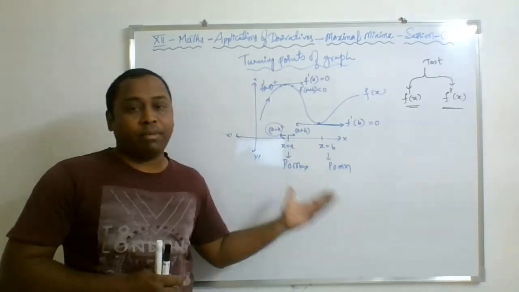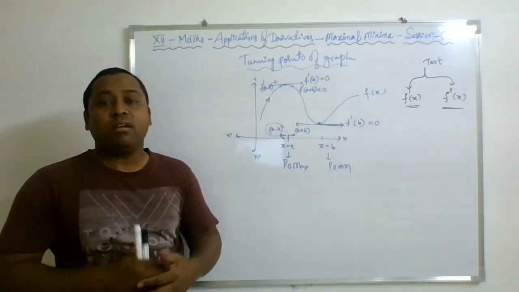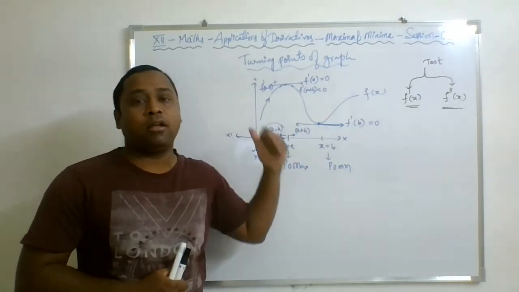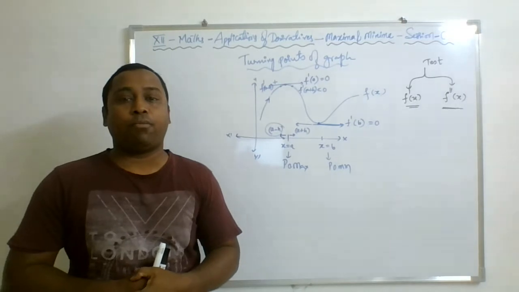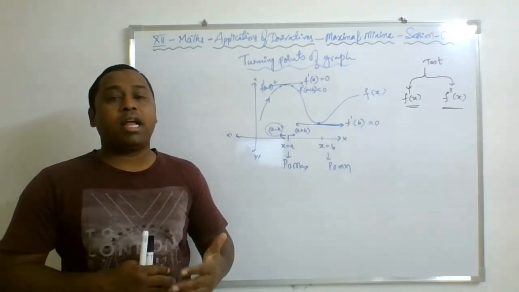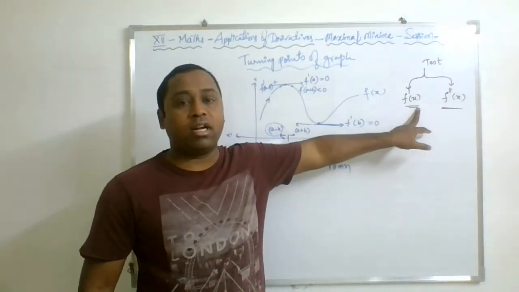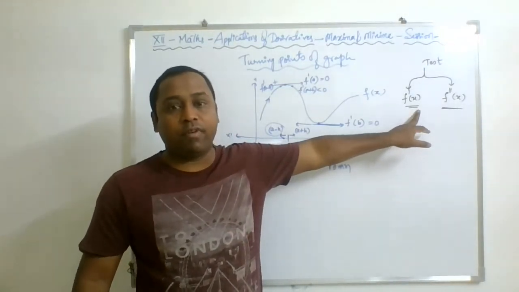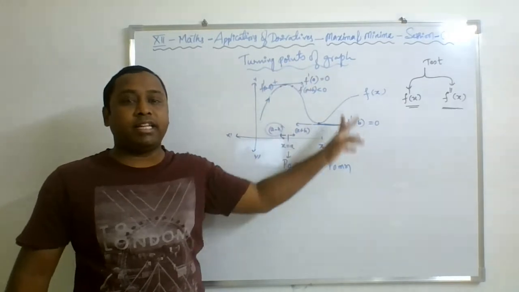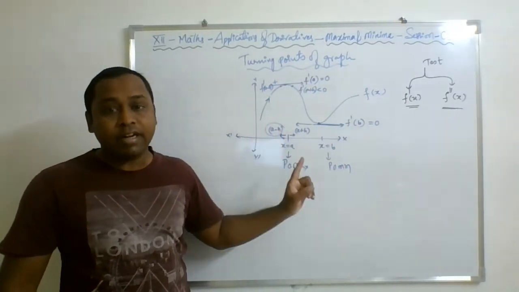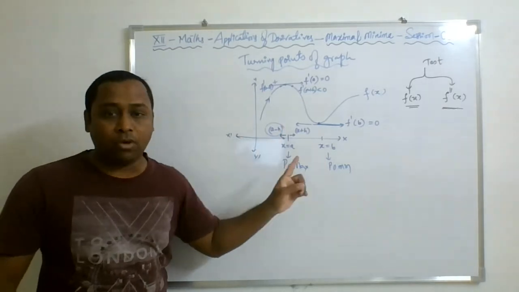So through this method we can find whether the obtained turning points are points of minima or maxima, and this test is called the first order derivative test because we use the first derivative only. One time only we are taking the derivative in this entire process.